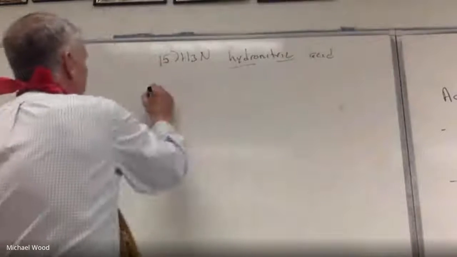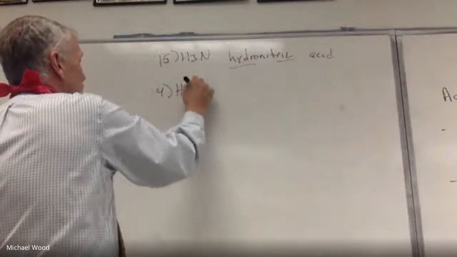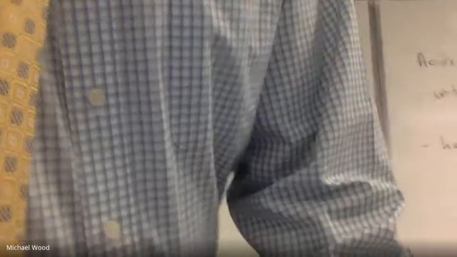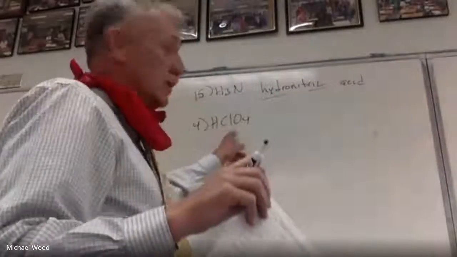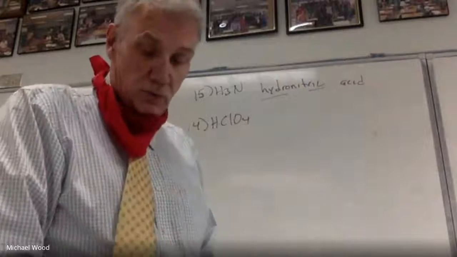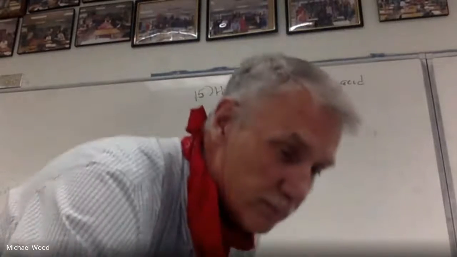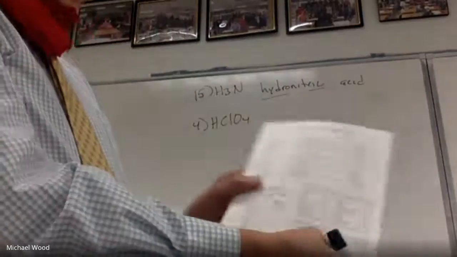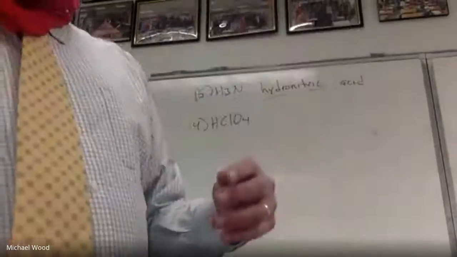Okay, and then 14, and this is one where you really need to use, and remember, you guys can now use, after the polyatomic ion quiz, you can always use your periodic table. I'm looking up ClO4, and it's called perchlorate, right there.